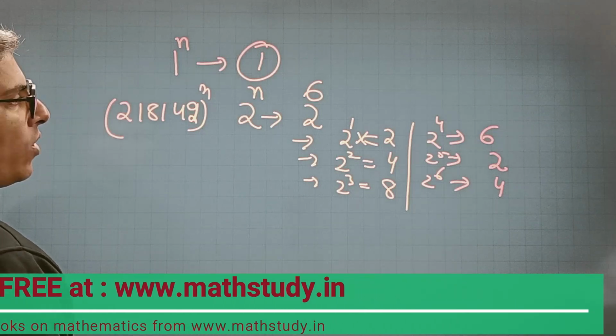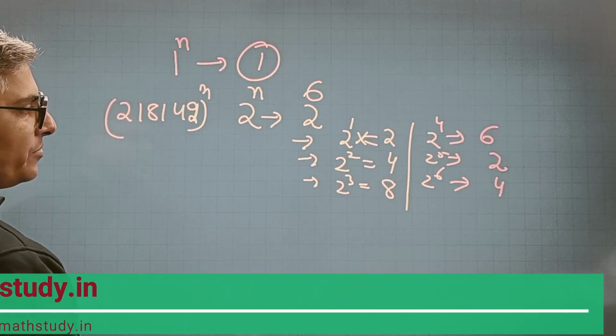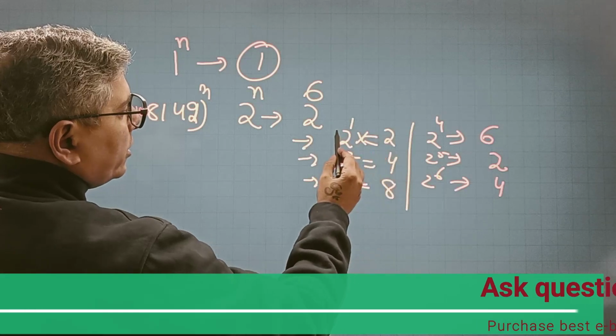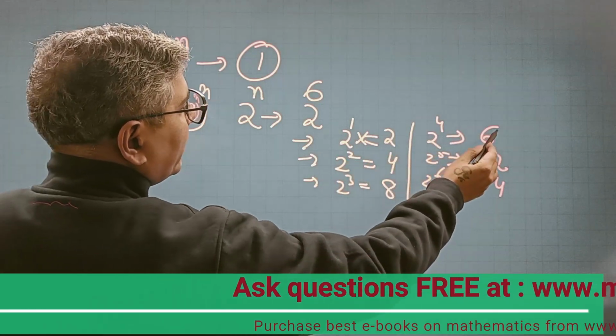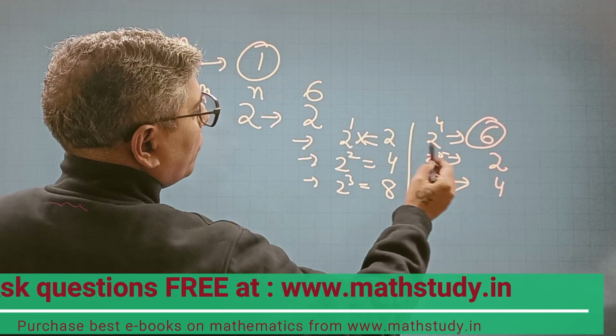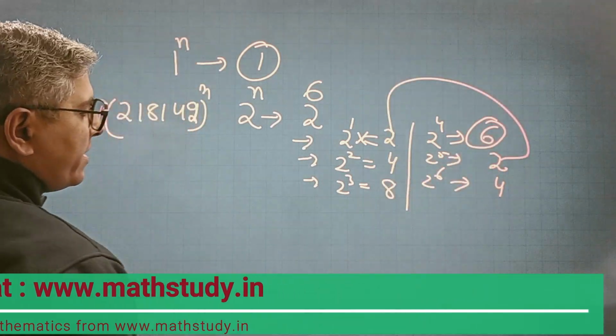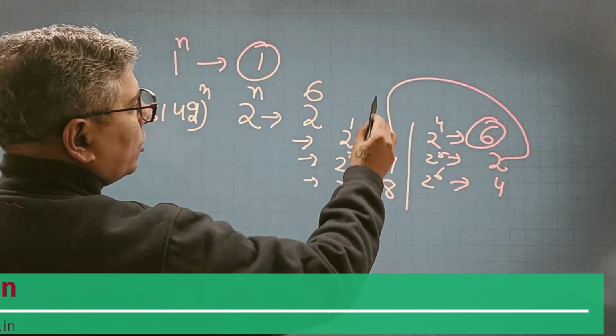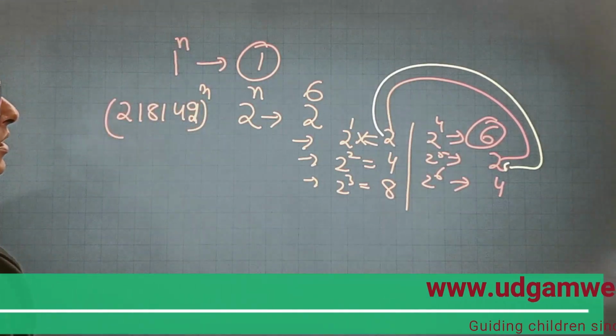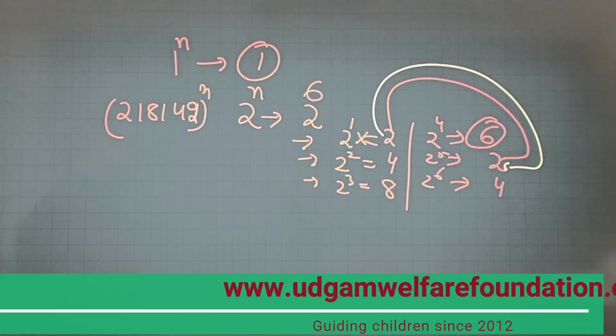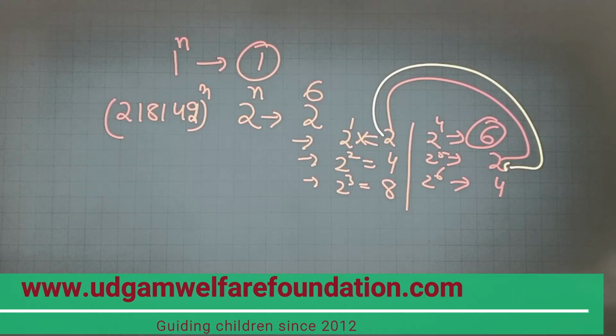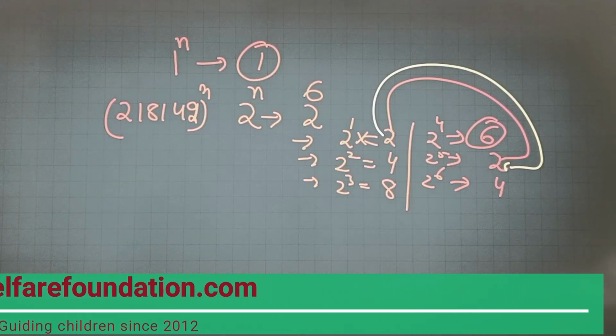So here what we can see, after 2 raised to the power 4 we are getting 6, and after 6 we are getting again 2 here. That means after 2 raised to the power 4 the pattern is repeating itself.